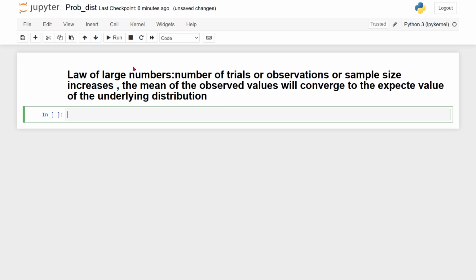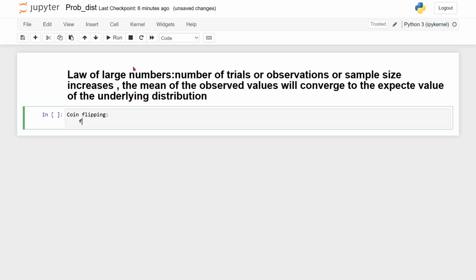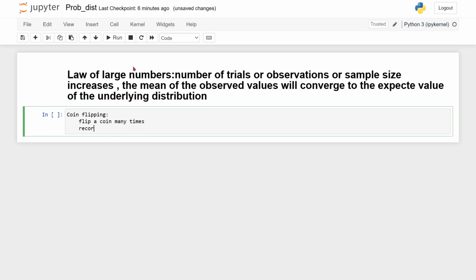So let's look into the first example, that's coin flipping. Suppose we flip a fair coin many times and record the number of times it comes up head.